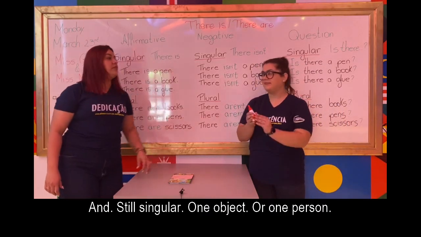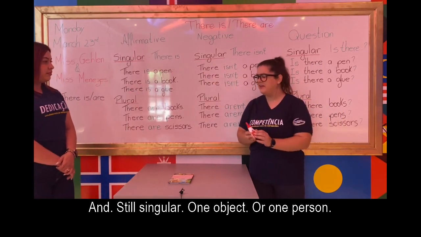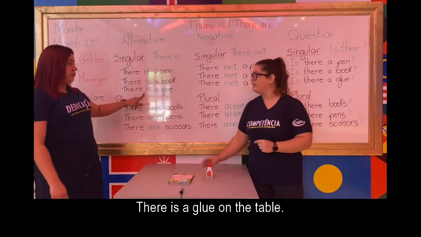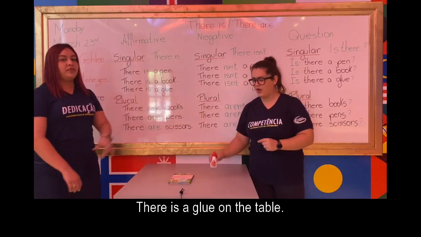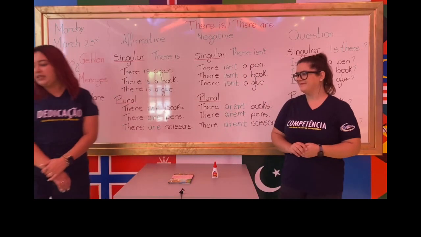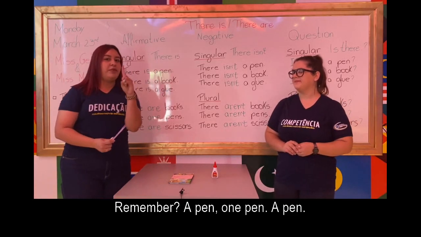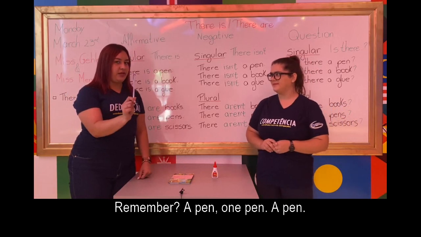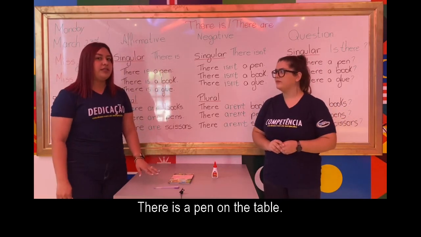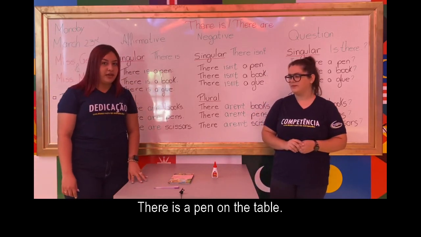And still singular, one object or one person, there is a glue on the table. On the table. And remember, a pen, one pen, a pen. Okay? So there is a pen on the table.